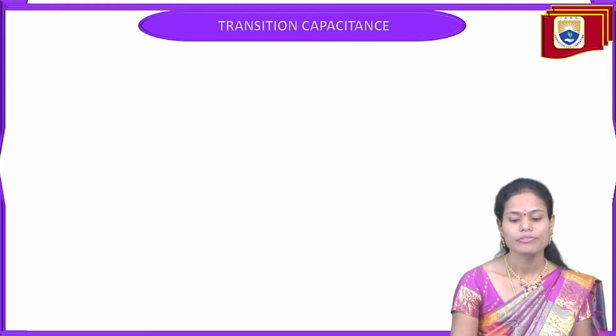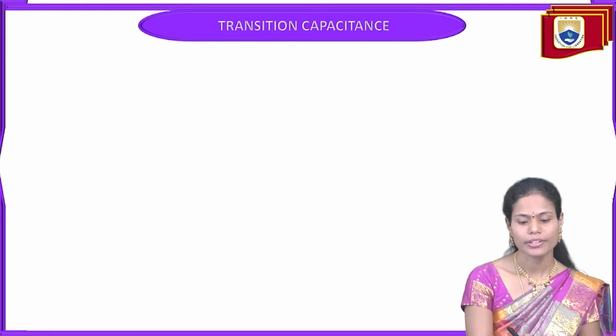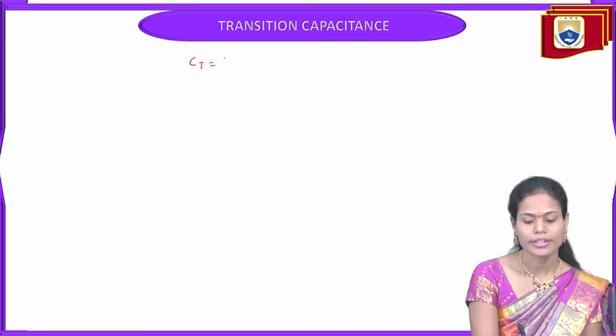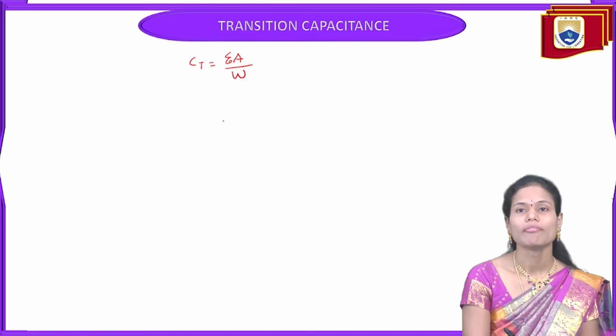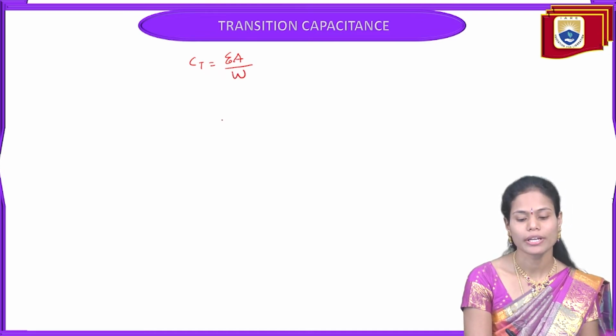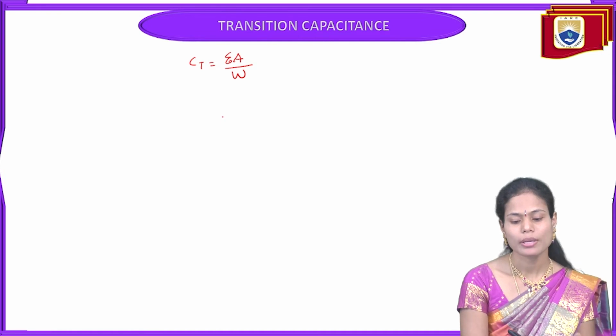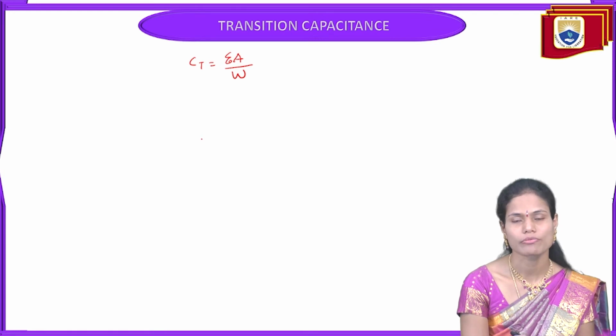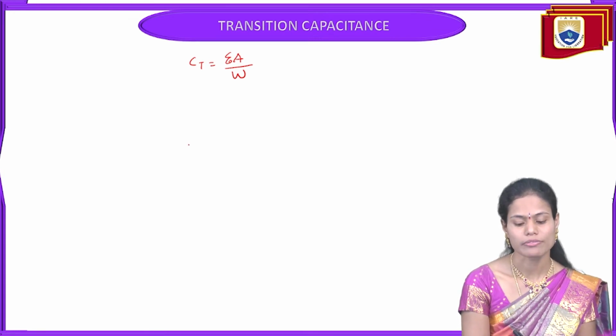We can also write this capacitance CT as epsilon A by W. Why we can write it as epsilon A by W is that this capacitance depends upon the depletion region width of the PN junction diode. Once the depletion region width increases, the transition capacitance decreases, and vice versa.